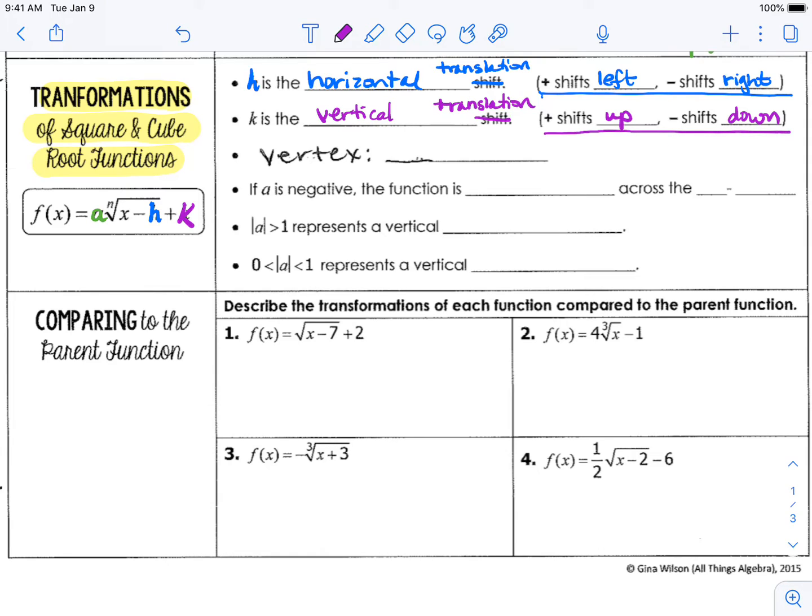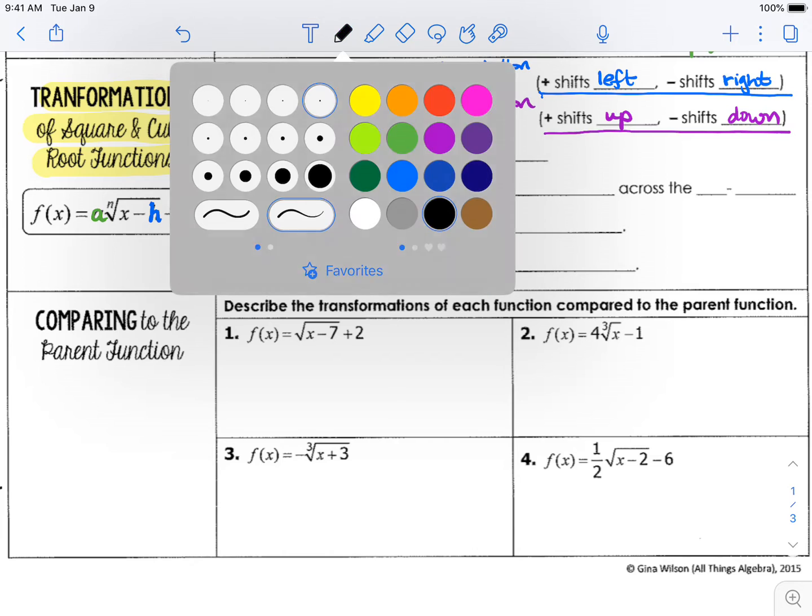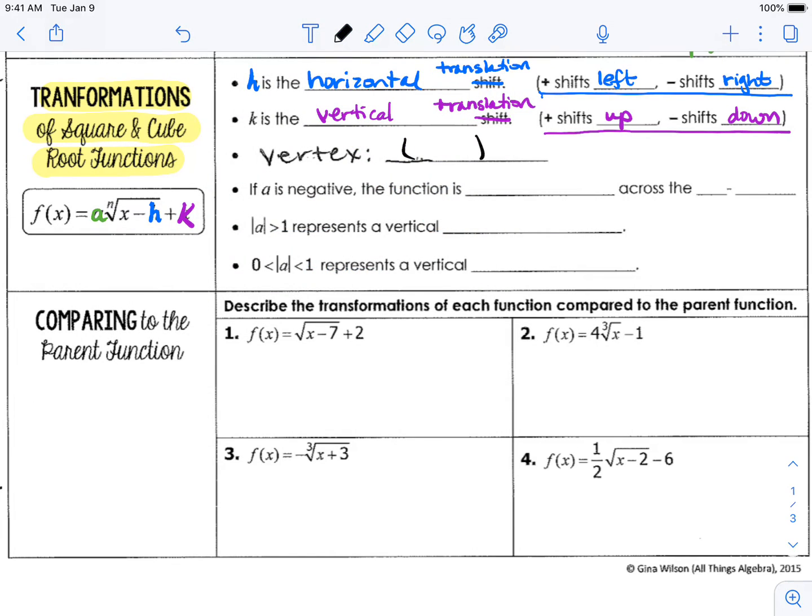When I'm looking for the middle of my cubic function or the endpoint on my square root function, you can think of it as the vertex, and it's the same as my H, K in my equation.